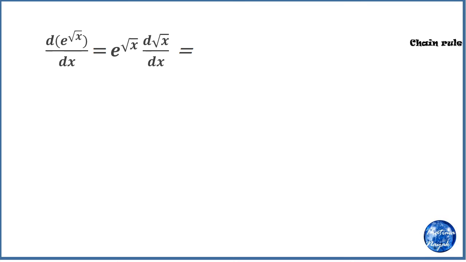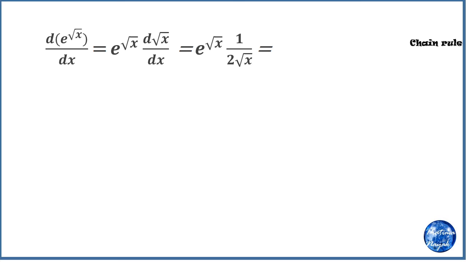So it will be e to the power root x into derivative of root x. What is the derivative of root x? It will be 1 by 2 root x. So it will be e to the power root x upon 2 root x.